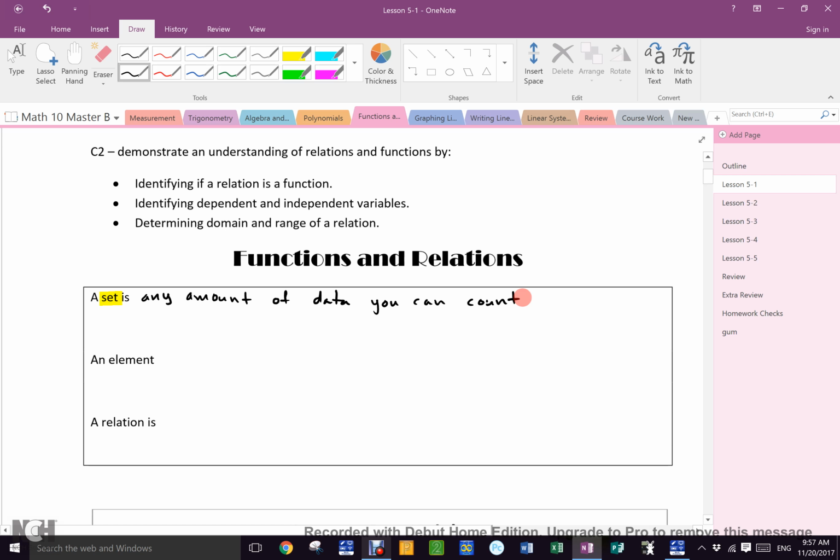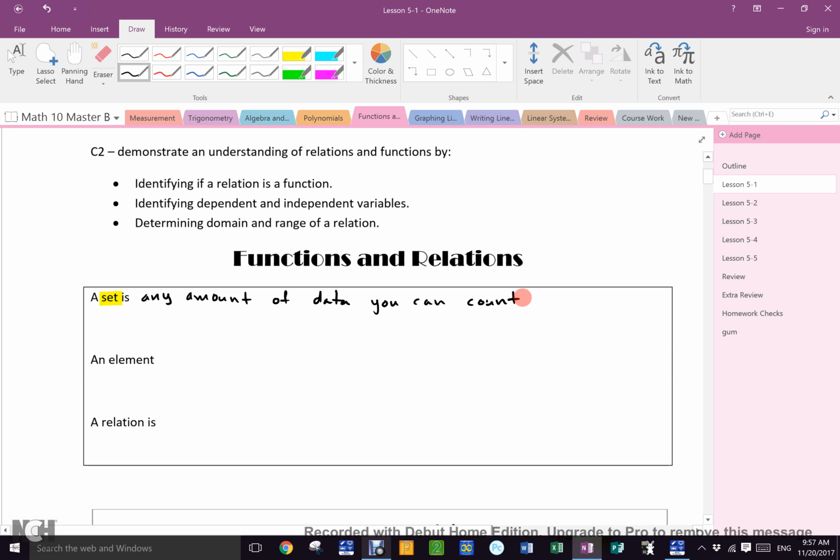So in this room, we could do all kinds of sets, couldn't we? We could do the set of people who have laces in their shoes. We could do the set of people wearing more than one layer of clothing. We could do the set of people with hair that touches their shoulders. We could do a million different sets.